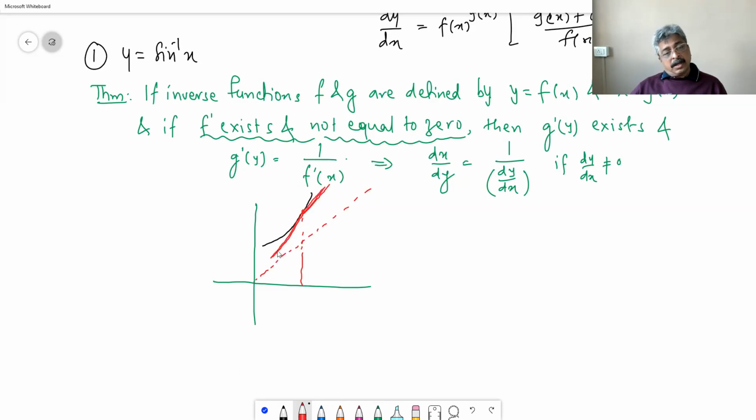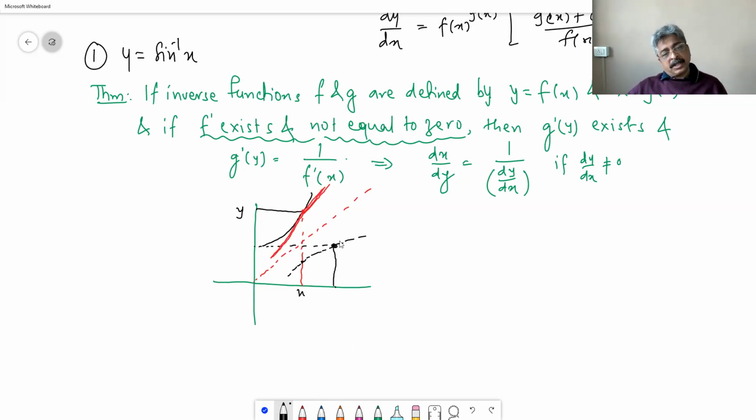Now the corresponding inverse function of this black function is the reflection in y is equal to x. This was your y when this was x. When you take the inverse, this distance y is going to be your x and this is going to be your y.